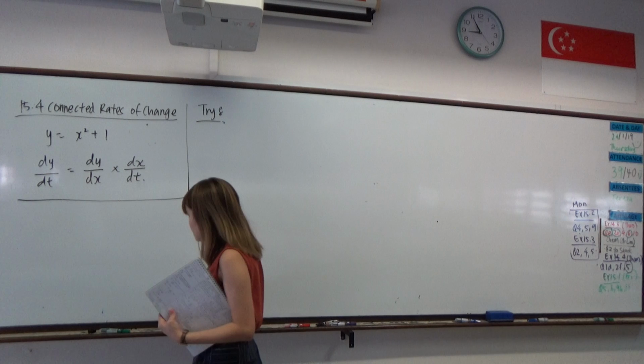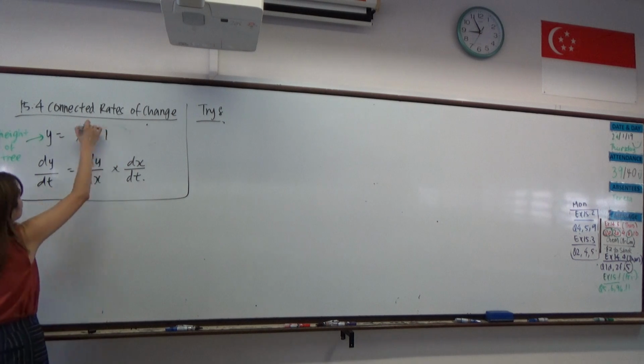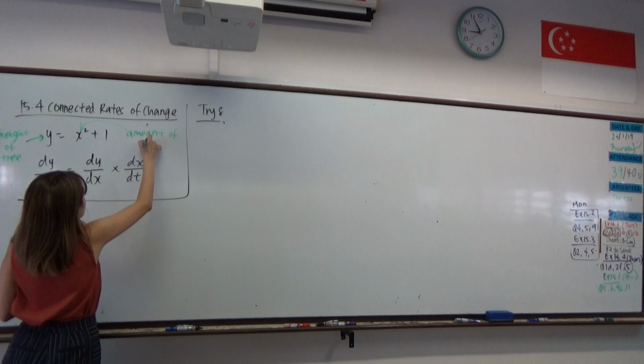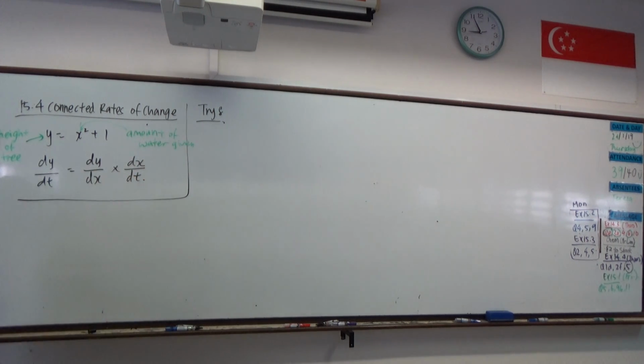Example: y is the growth height of the tree, then x is maybe the amount of water.